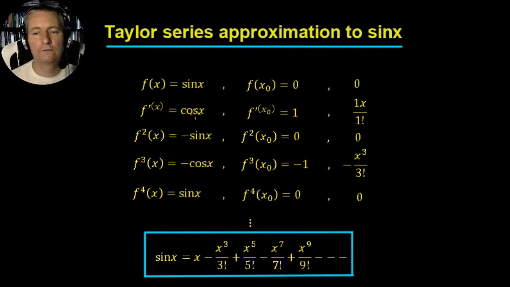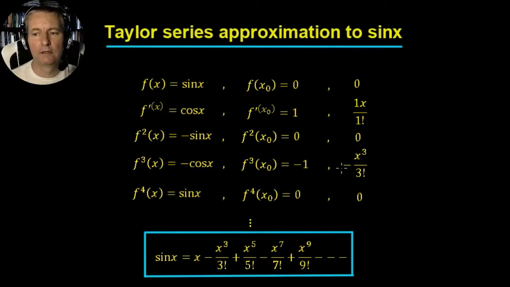The cos of 0 is equal to 1. Minus sine x is equal to 0. Minus cos x is minus 1. And sine x is equal to 0. So the first term is going to be 0. The second term is just going to be 1 times x to the power of 1 upon 1 factorial. The next term will be 0.